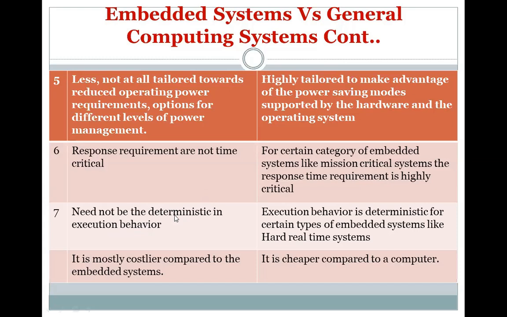If a particular operation is not performed because of some delay or some resource problem, the response is not deterministic, but the result of a non-deterministic operation is not a trivial one. But in the case of deterministic execution behavior, if the execution is not performed, the entire system may go to catastrophic errors. It is a hard real-time system.